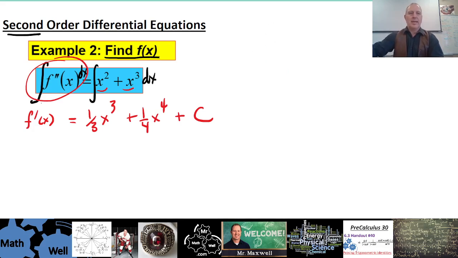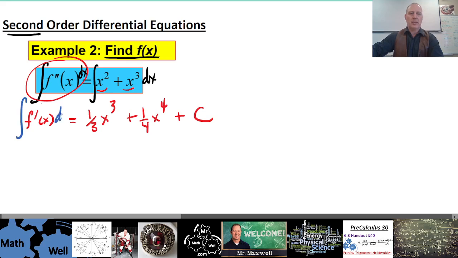So let's integrate again with respect to x. And we are going to get out of this f. We went from double prime to single prime to the original function. Awesome. We add 1 to each of these exponent and divide by the new exponent. So this is going to be x to the fourth, and we're going to do 1/3 divided by 4, which is 1/(3 times 4).